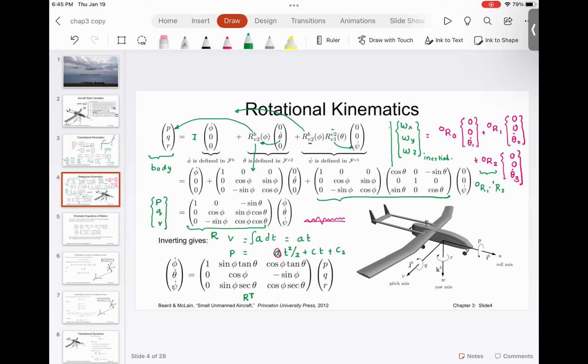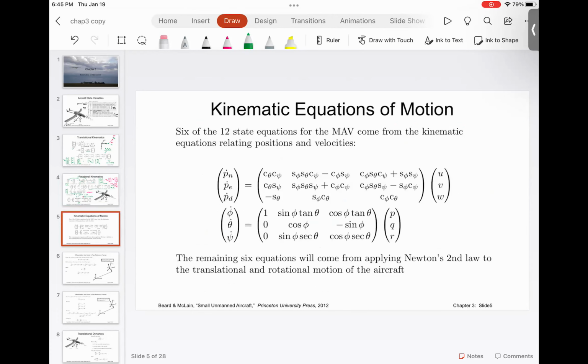Let me show you these 6 equations. You can spend your entire career working on these equations if you are a guidance and navigation engineer. So we have equations for velocities.